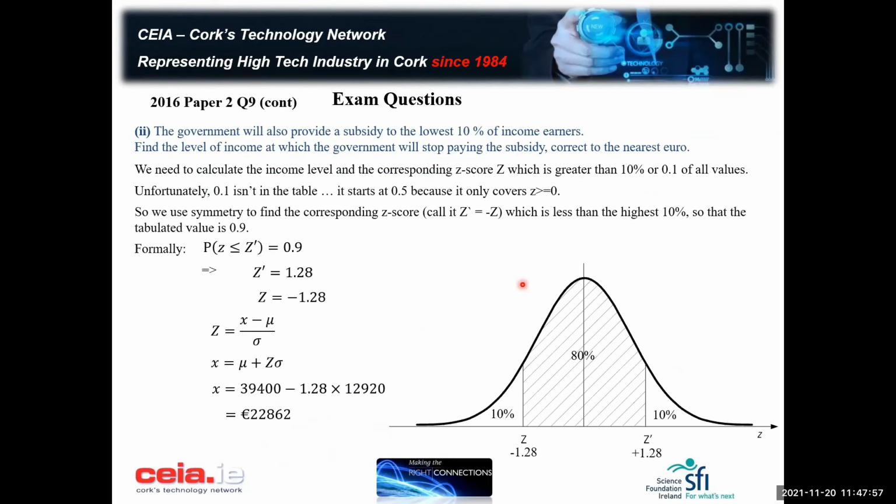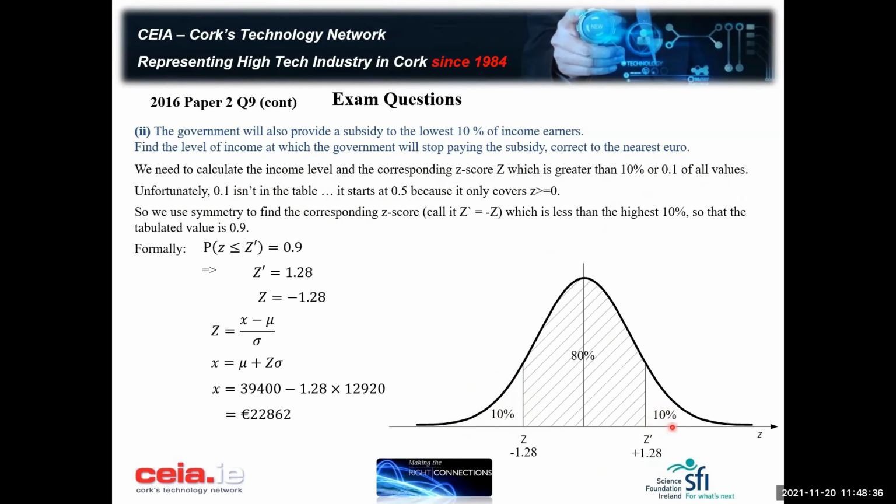Okay, part 2 now. They're looking for a subsidy to the lowest 10%. So you need to look at the Z score of the lowest 10%. That would be a Z score whose tabulated value was 0.1. So you're looking for a Z value such that 10% of Zs lie below it. That's not tabulated.